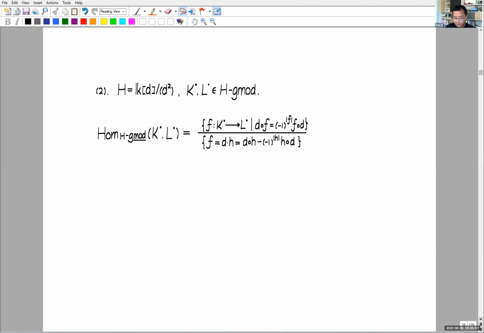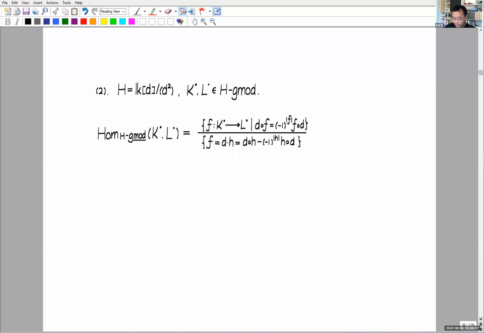By definition, the numerator is all those maps that are H-invariant, but this Hopf algebra is generated by d. Using the H action on the inner Hom space, you can easily work out that the action on any K-linear map is just given by taking the supercommutator with d. So in particular, a K-linear map is H-invariant if and only if it supercommutes with the differential operator d.